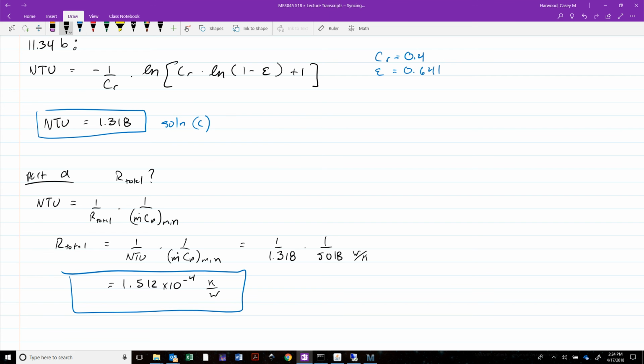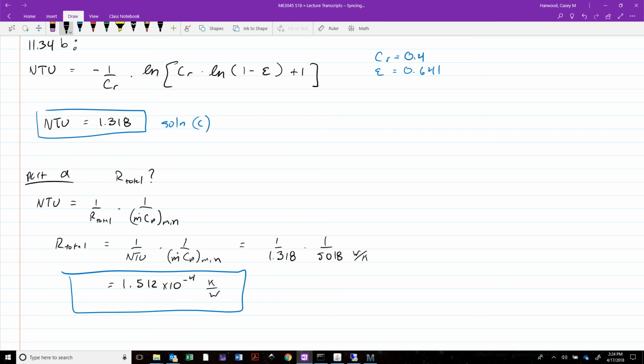So, a few parting thoughts here. What might we use this for? Well, if we happen to know a couple of the convection coefficients for the fluid flow on one side or the other of the heat exchanger, knowing the total resistance might allow us to then pick apart and figure out what the other convection coefficients are.